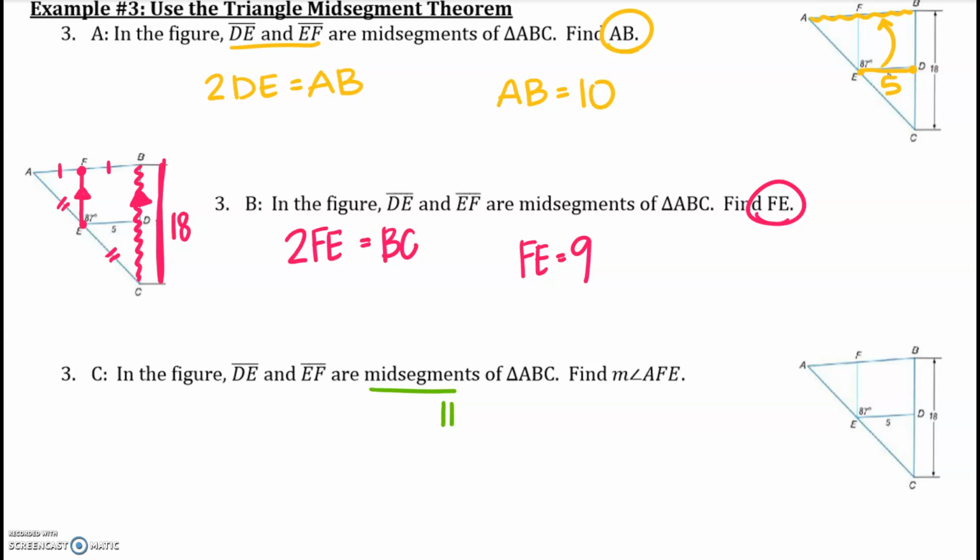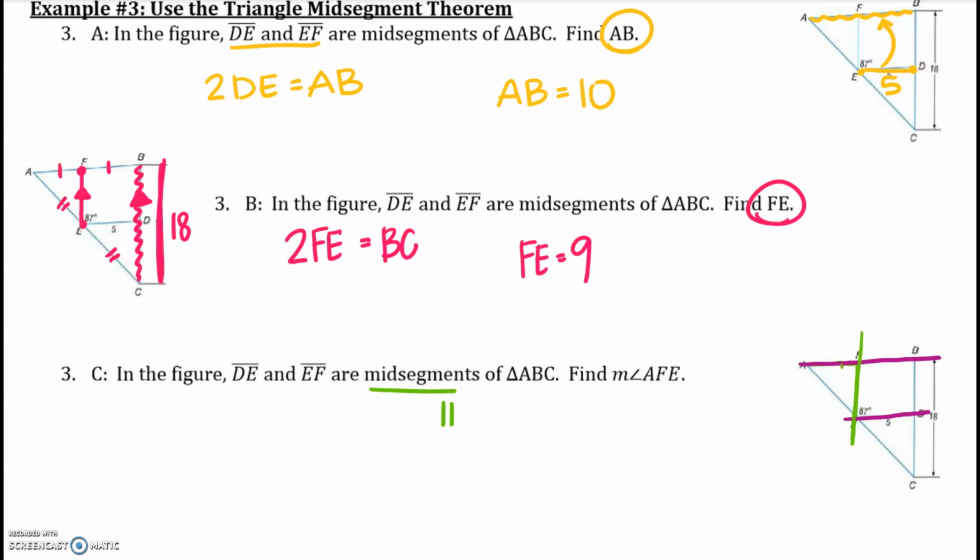So I'm looking at angle AFE, and then I want you to think about AB, since that is parallel to ED, and that green line that's creating our angle can kind of be that transversal.